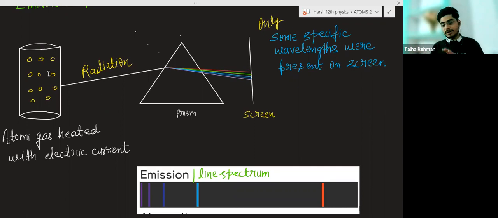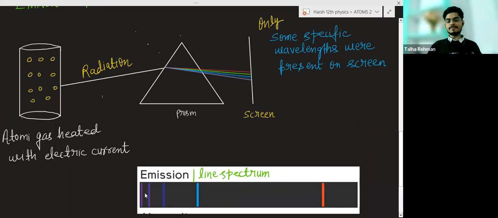So the electron will move to the lower energy level, and when it does, it will release energy or emit radiation, and that radiation has a specific wavelength. The energy of each orbit is fixed. That is why we are getting the emission spectrum.